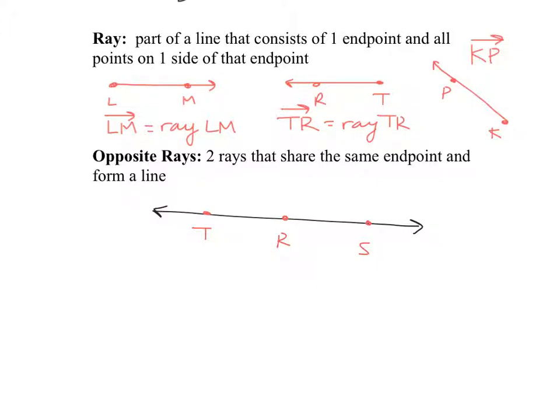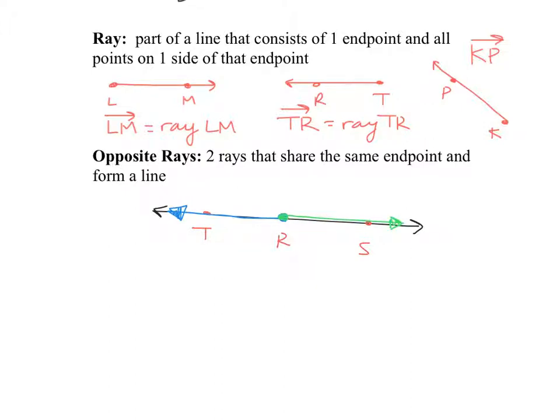Opposite rays have to share an endpoint, and you have to name a ray with 2 letters. So our endpoint, if we're talking opposite rays here, is going to be the R. Okay, that means I have a ray going to the left, like this, and I have a ray from R going to the right, like that.